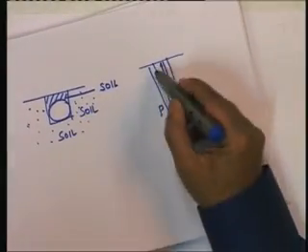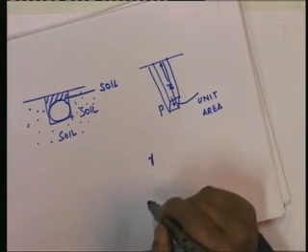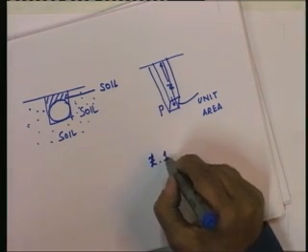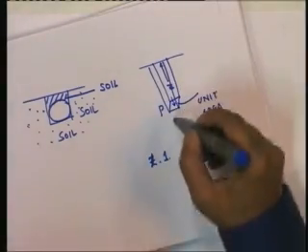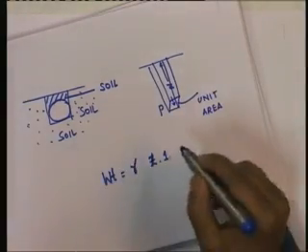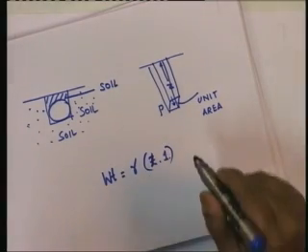The volume of soil that is enclosed in this is going to be the depth Z into the area which is 1. So, the weight of this soil is going to be unit weight of the soil into Z into 1 per unit area.